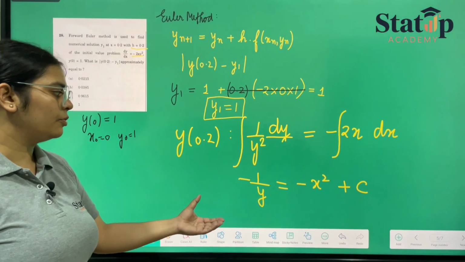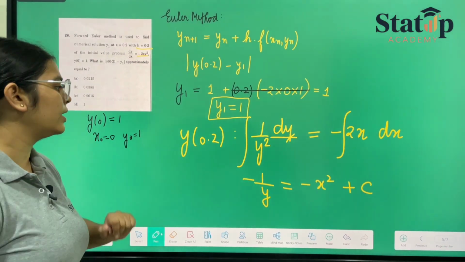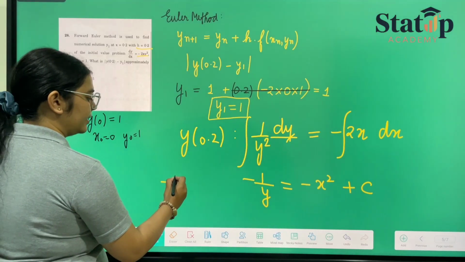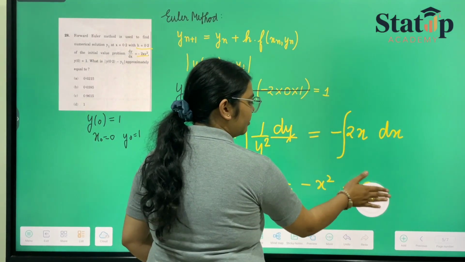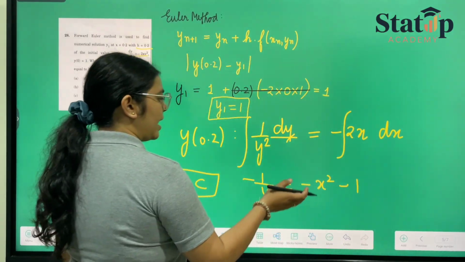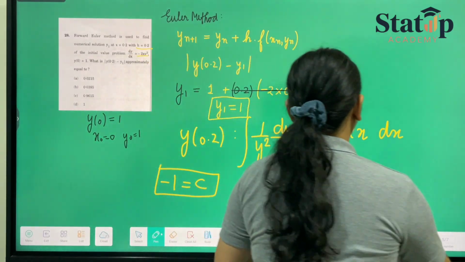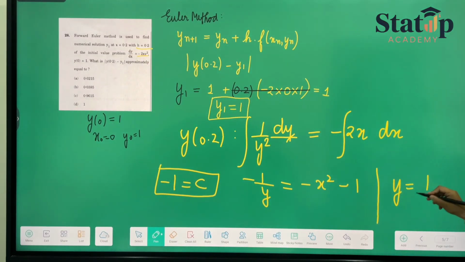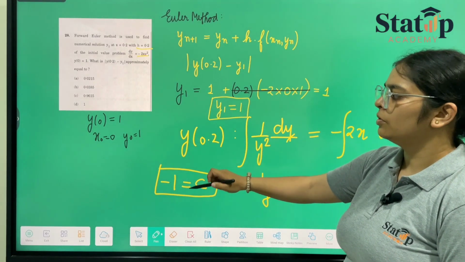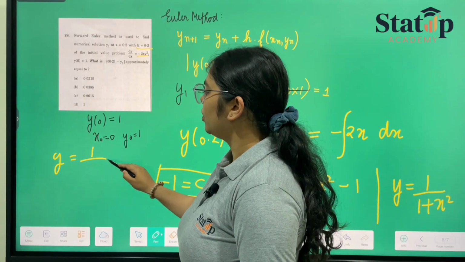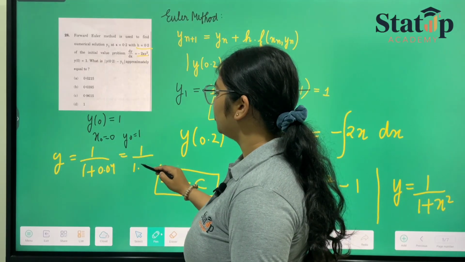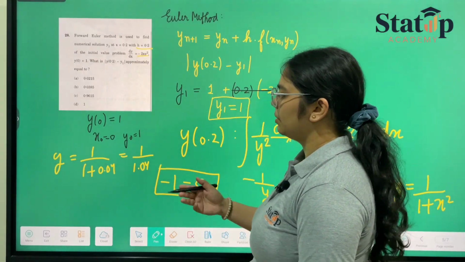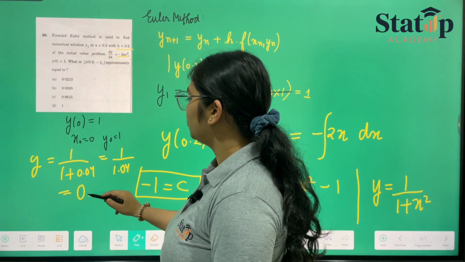If we put the initial values y naught as 1 and x naught as 0, then we get c equals minus 1. Substituting, we get y equals 1 upon 1 plus x square. Now we have to calculate y at 0.2. So y is equal to 1 upon 1 plus 0.2 square, which is 0.04, so 1 upon 1.04, which is nothing but 0.9615.